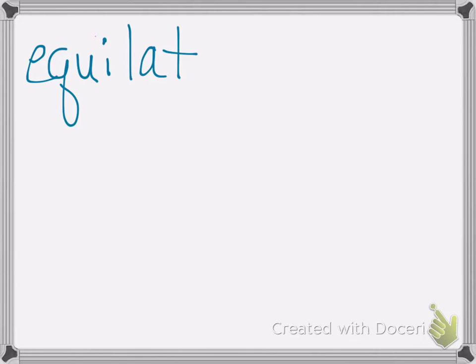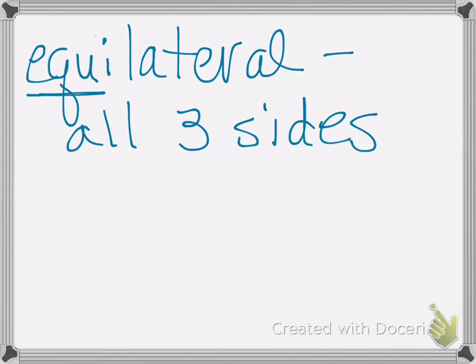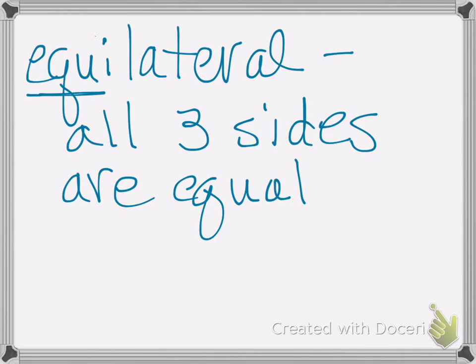And the third type is called equilateral. The equi indicates that equal, this is where all three sides are equal or congruent.